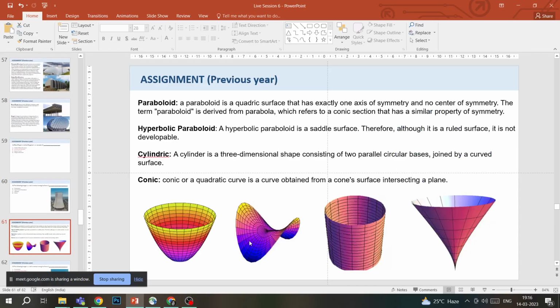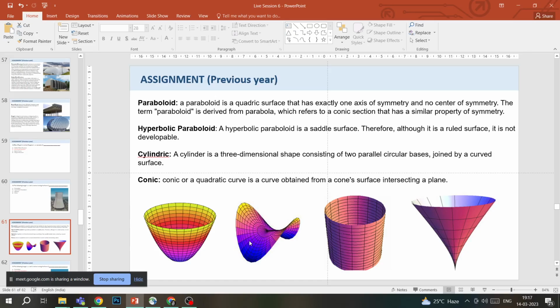So a paraboloid is a quadric surface that has exactly one axis of symmetry and no center of symmetry. The term paraboloid is derived from parabola, which refers to a conic section that has similar property of symmetry. So what happens in a paraboloid is that there is one axis of symmetry, and then it looks like a bowl kind of thing. It comes from a parabola.